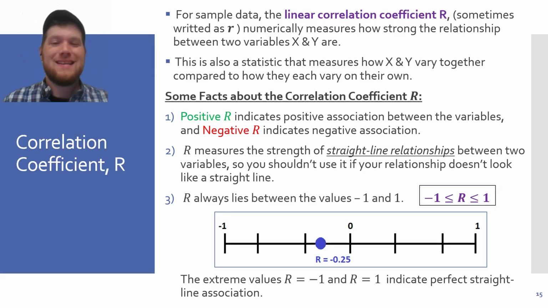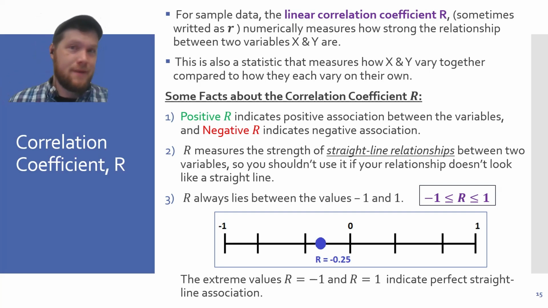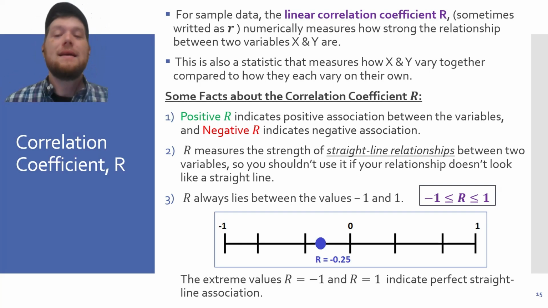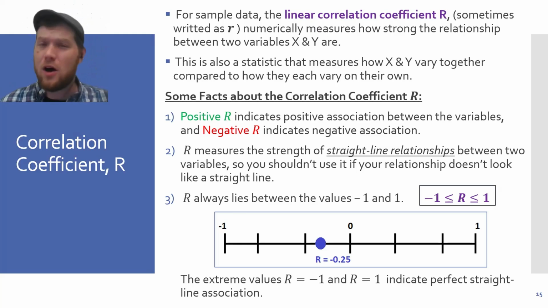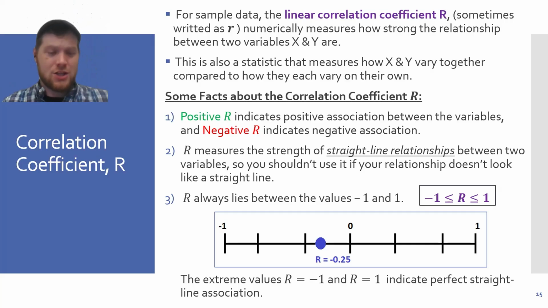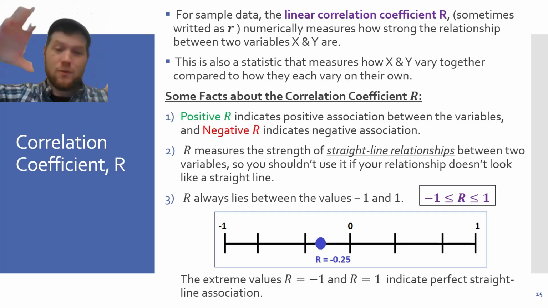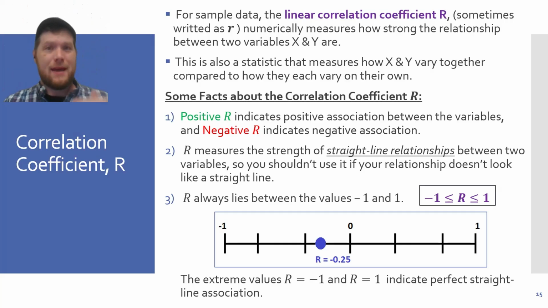R will always be between -1 and +1. It's stuck between there. A perfect positive is 1, and a perfect negative, the extreme value of -1, basically indicate these perfect straight line relationships. R equals 1 is a positive, perfect relationship. As x changes, y changes in the same respective variability, and they go hand in hand.